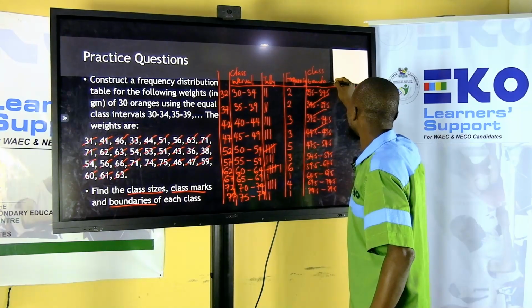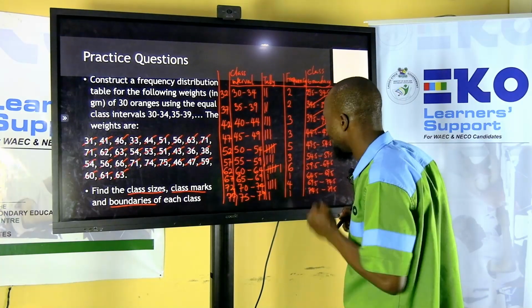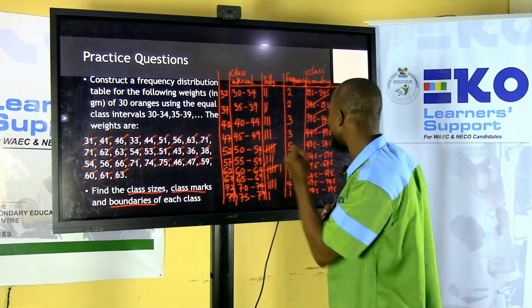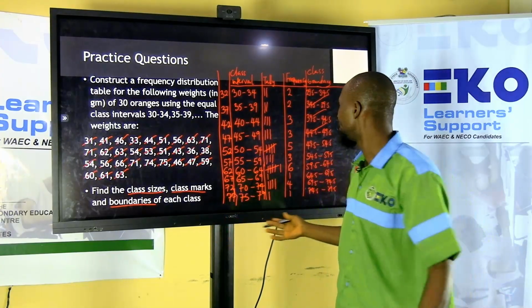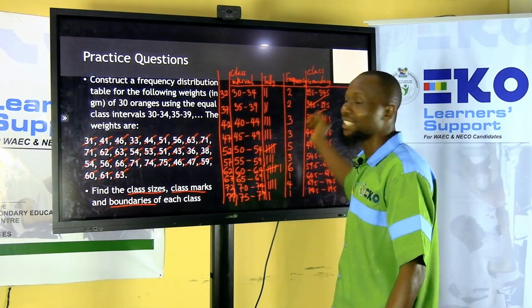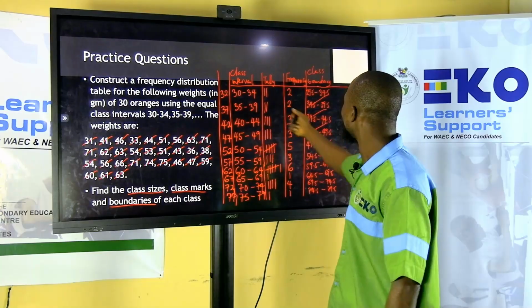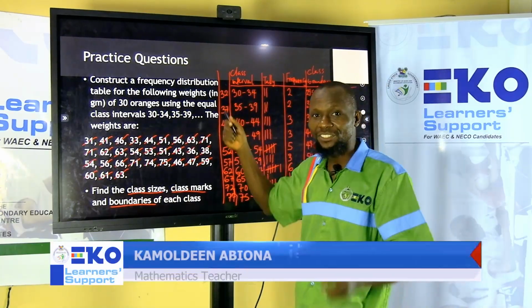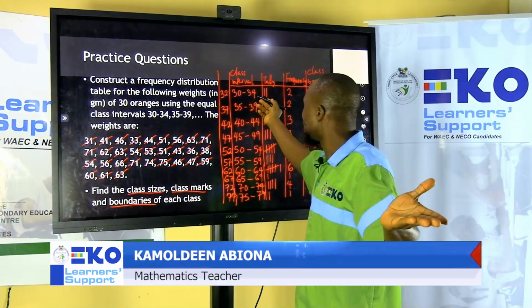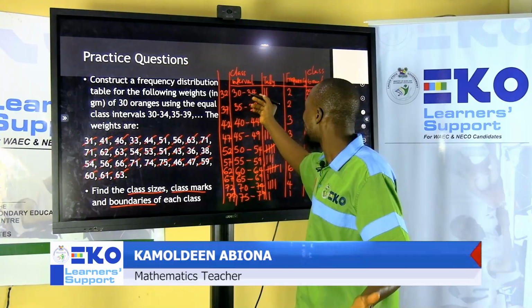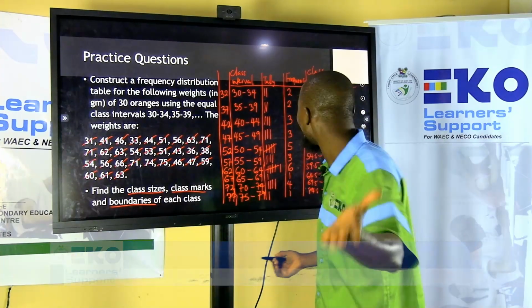Okay, and the last aspect is the class size. So how do we get the class size? Just subtract the difference between the class boundary. You have to be very careful. You don't use the difference between the class interval. For example, the difference between class interval here, 34 minus 30, will give us 4. And that is not the correct answer.